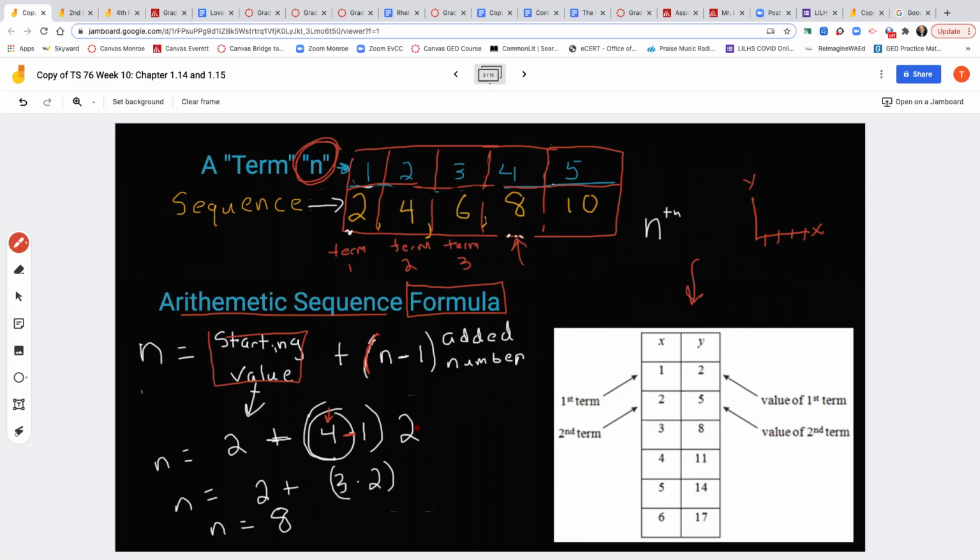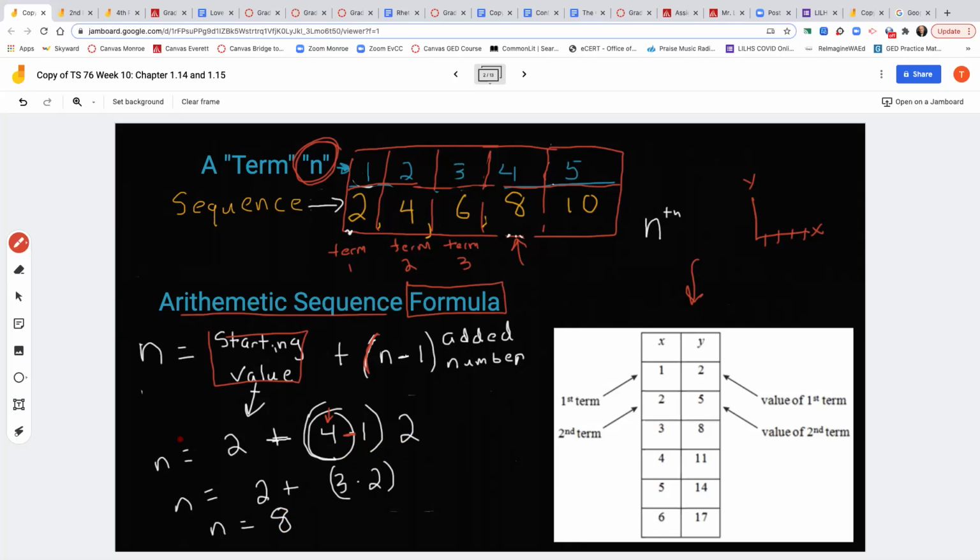So watch how I do the math. There's the numbers now. 4 minus 1 is 3. Times 2 is 6. Plus 2 is 8. So I figured out what the fourth term is.